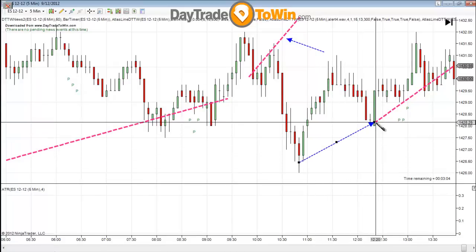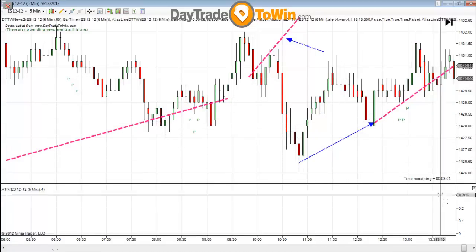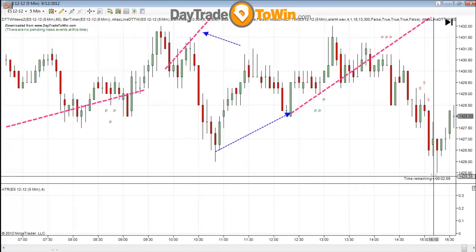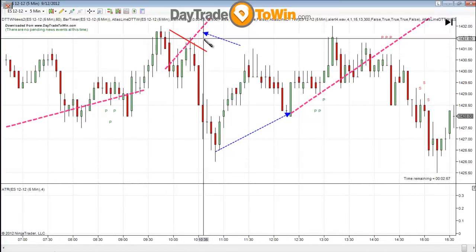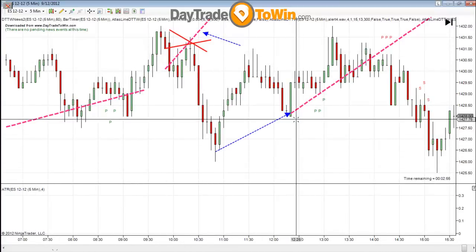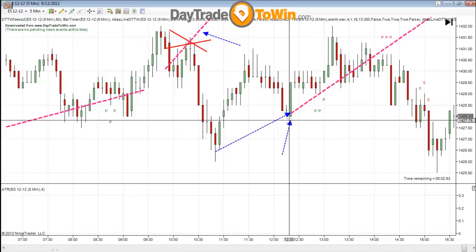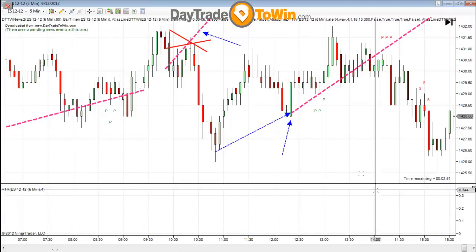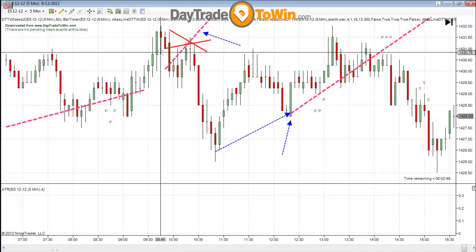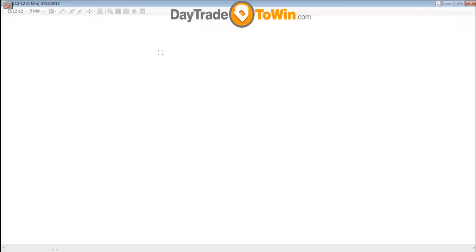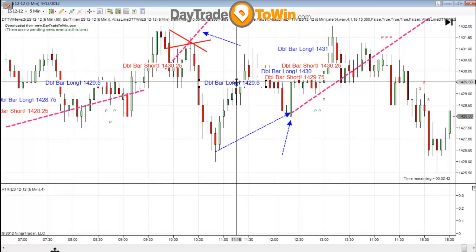Here is the 12 o'clock EST Atlas line plot that I added, and now you take trades not based on the 930, but you take trades now based on the 12 o'clock Eastern Standard. The rules are all the same. The longs and the shorts will be right here, right?